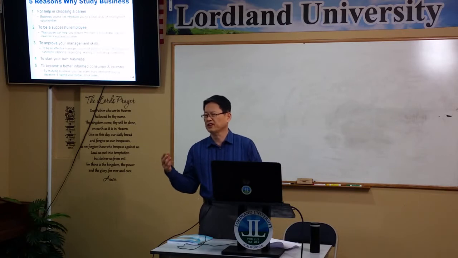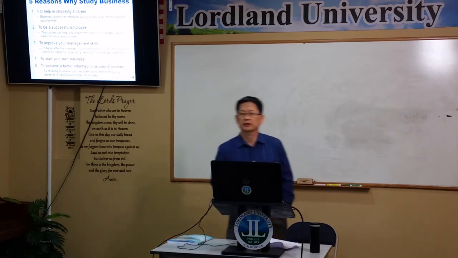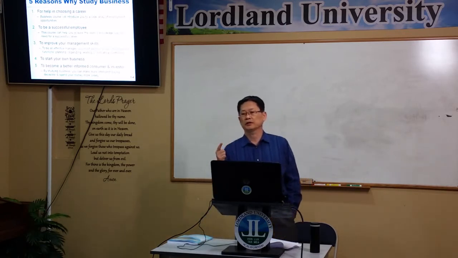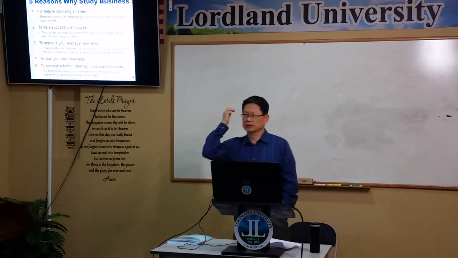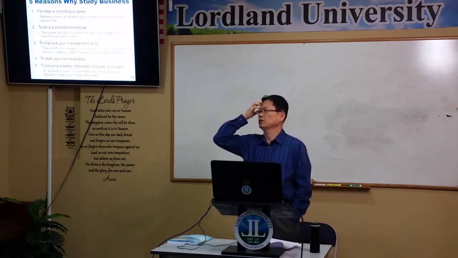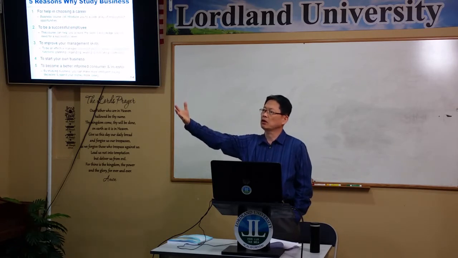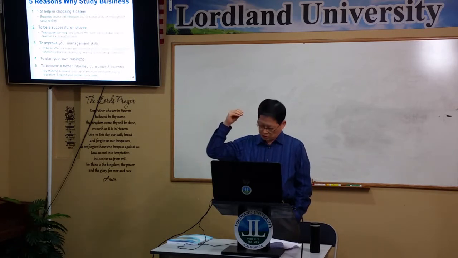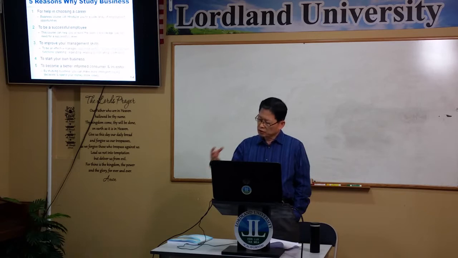What is the planning function? The planning function consists of 3 elements. The first element is to set the goal. Set the goal of the business, to set my objective in my life.